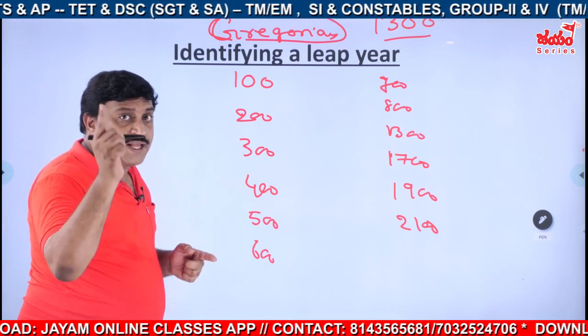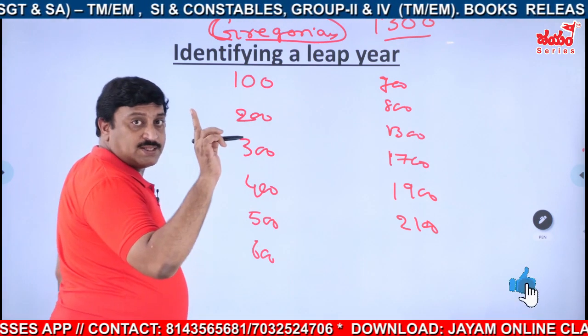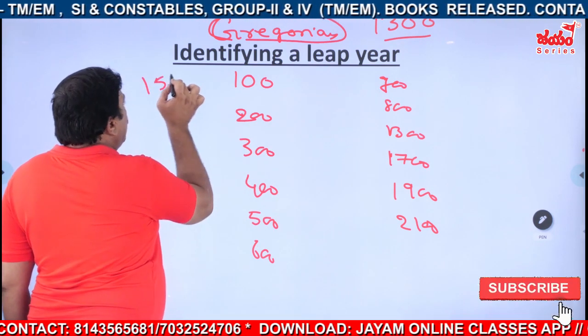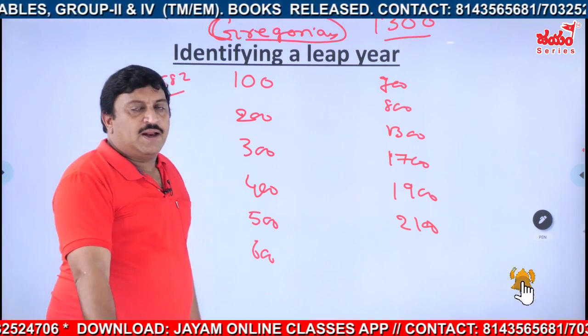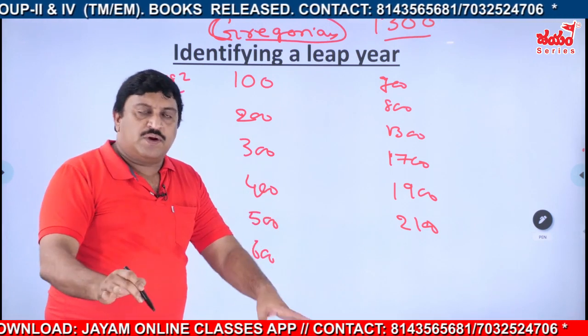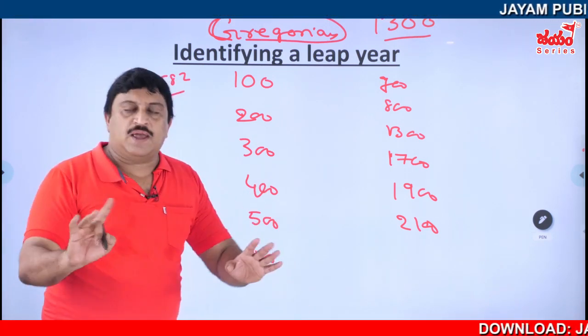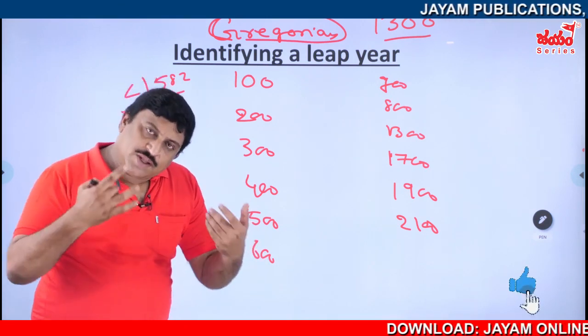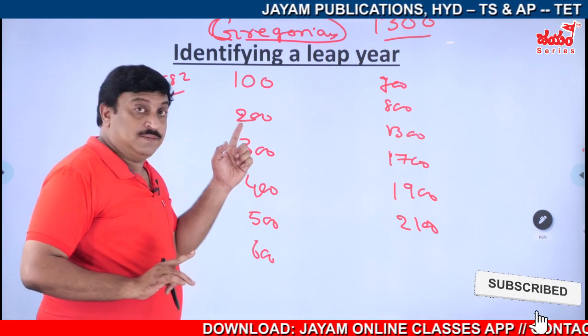Actually, I said previously in the discussion, 1582, before Pope Gregory, that is the time. Before 1582, every year which is divisible by 4 is a leap year. Clear?